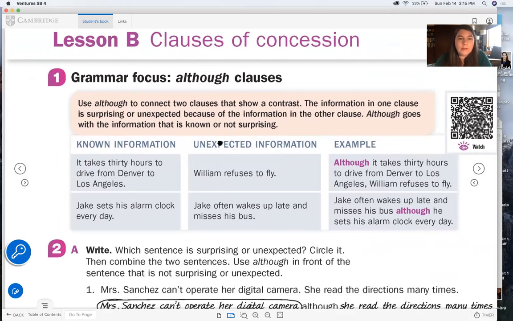It takes 30 hours. The unexpected thing or the change or surprise is William refuses to fly. Don't forget we use although or even though, same meaning with this part. So although it takes 30 hours, William refuses to fly. Although he sets his alarm clock, he wakes up late.